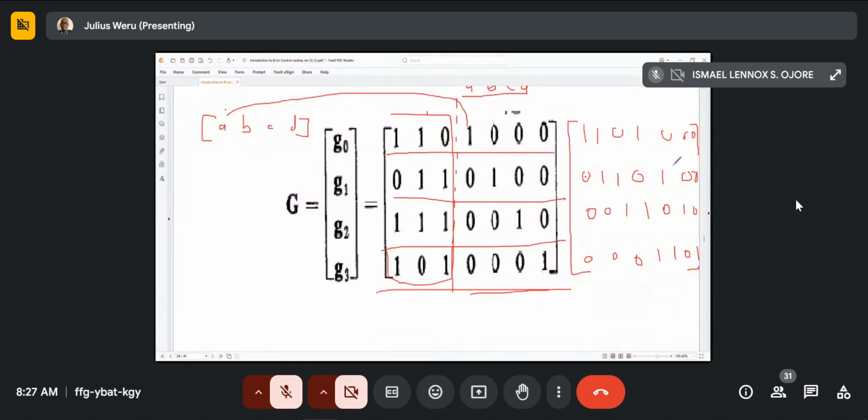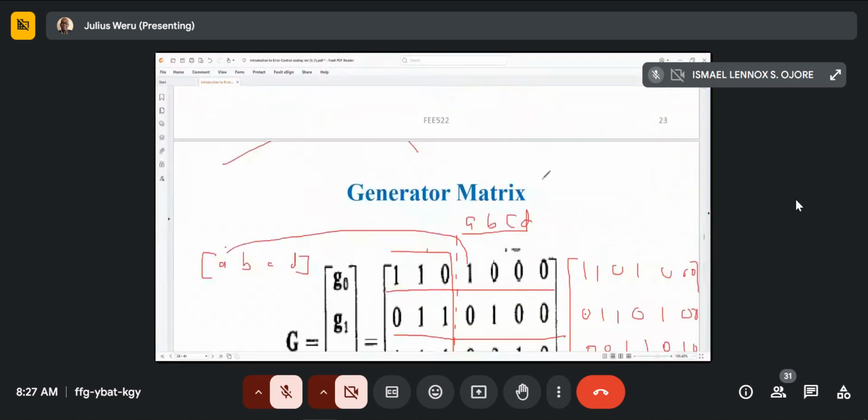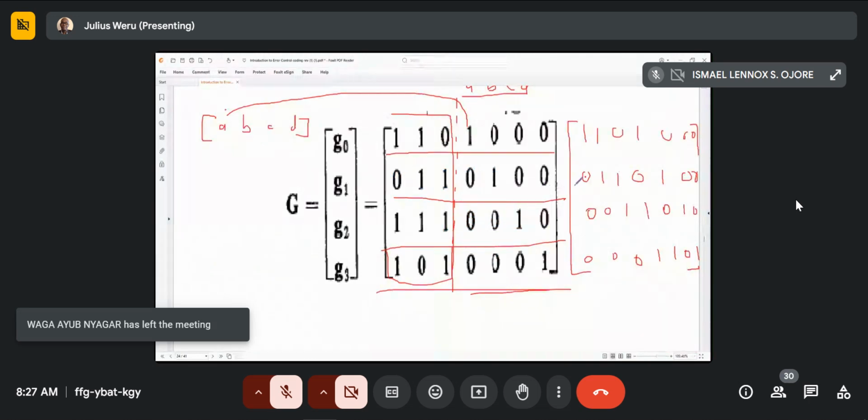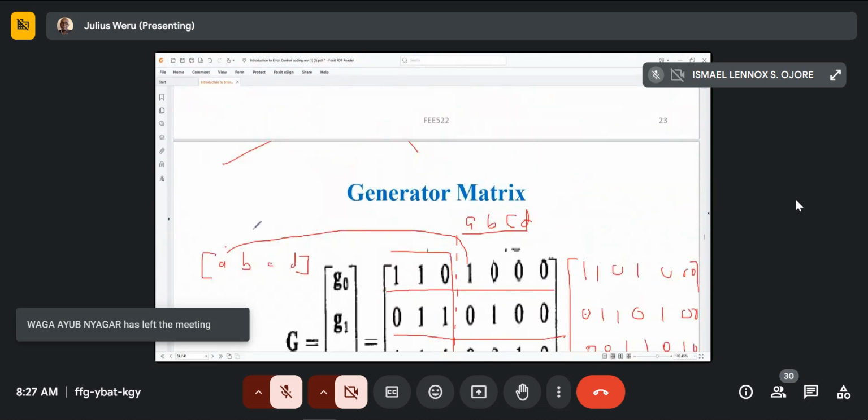So this would create also a cyclic code. So apart from being linear, this would create a cyclic code. This one does not create a cyclic code the way they are organized here. We will come to cyclic codes, but I thought I could mention that at this juncture because I will be talking about cyclic somewhere.